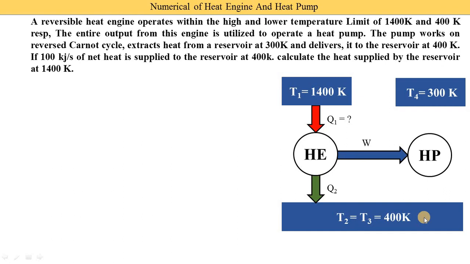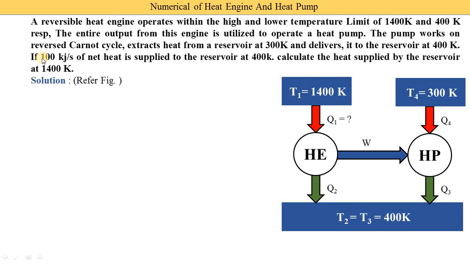Higher temperature in the lower part and lower temperature in the upper part, but we need to draw the arrow in a different way. This heat pump extracts the heat from the low temperature and supplies the heat energy to the higher temperature. Suppose we draw the 400 Kelvin here and the 300 in the bottom part, then the arrow is reversed.